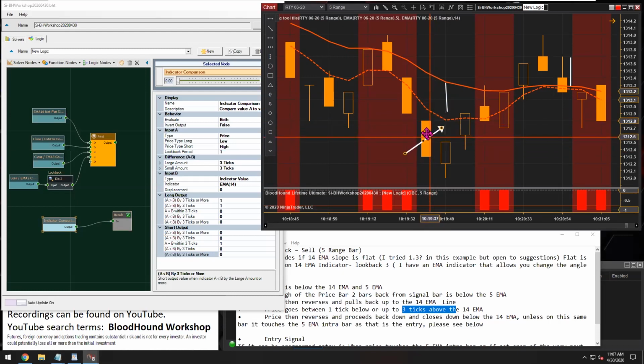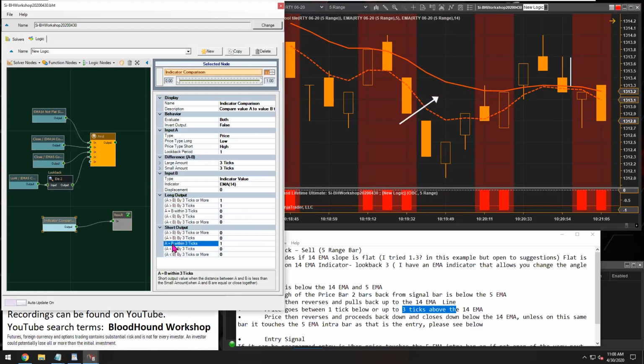We're not looking for this, we're looking for this proximity. So we want the A equals B. We don't want the high price to be less than the EMA by 3 ticks. So let's adjust all these and set that to 1.